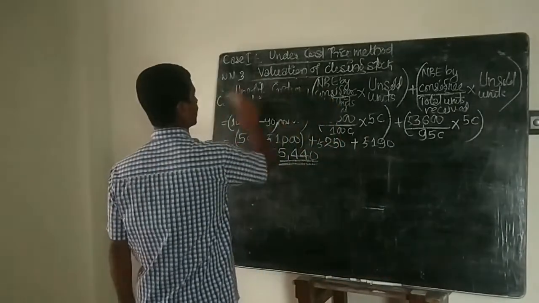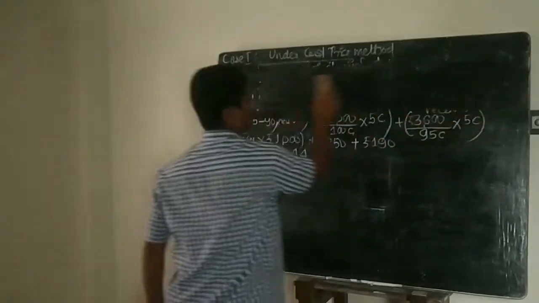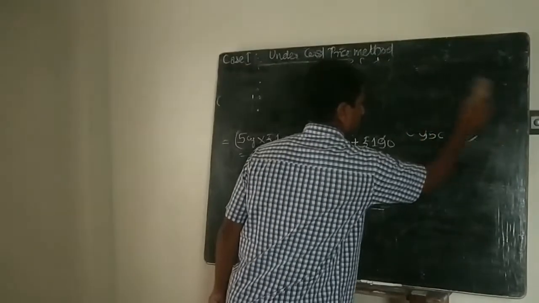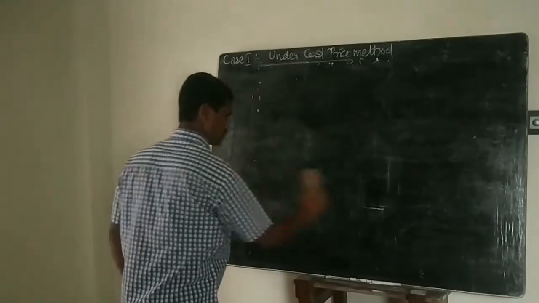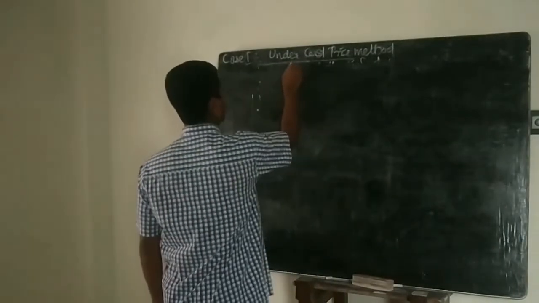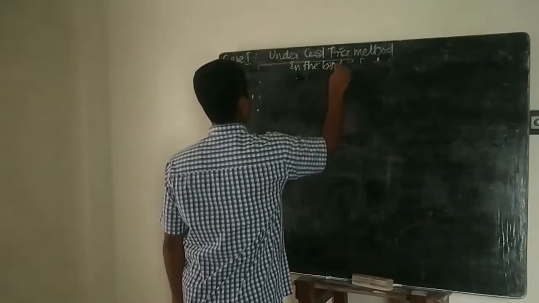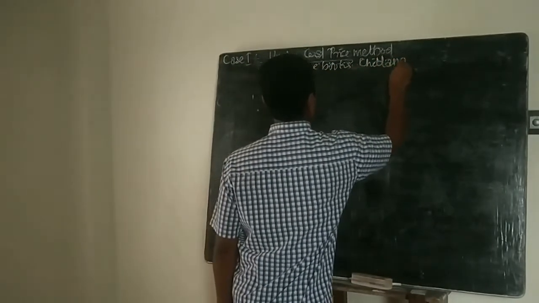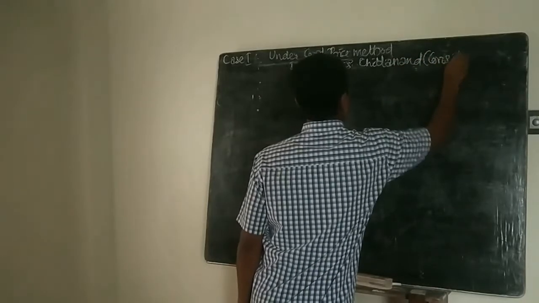So now let's prepare the consignment account here. In the books of Chidanand, in the bracket you can also write consignor here.